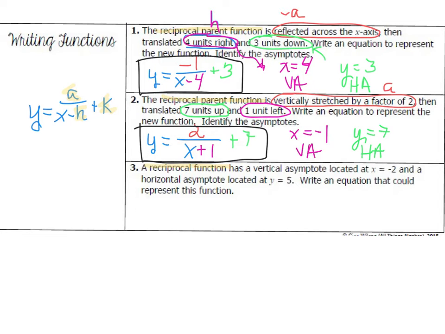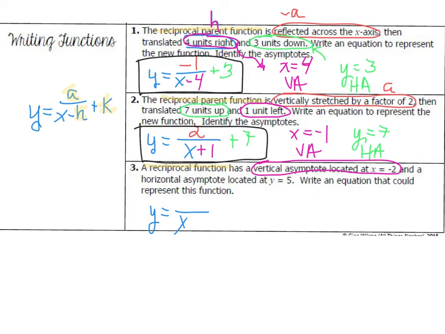All right, so then for the next one, y equals, I got my x. It has a vertical asymptote. So this time they're talking about asymptotes. The vertical asymptote located at x equals -2. So they're giving it to you in a slightly different way. So this is going to be my h.